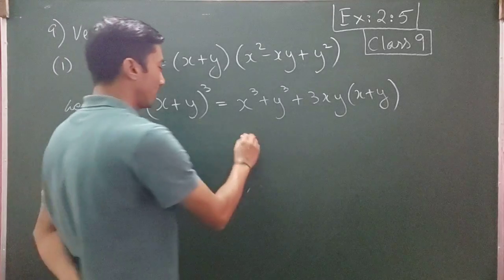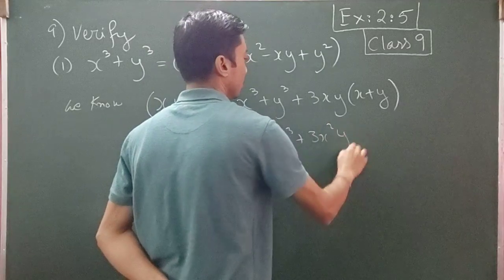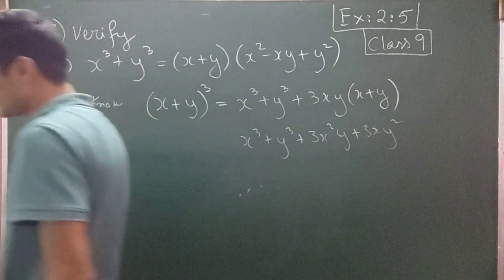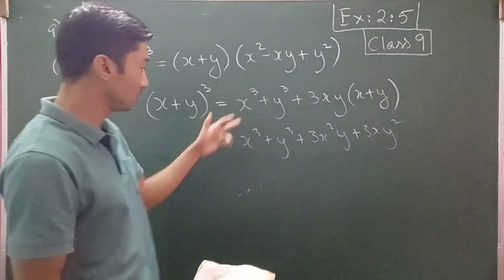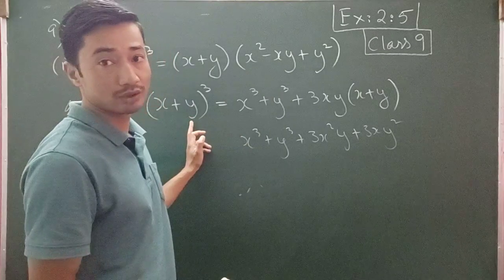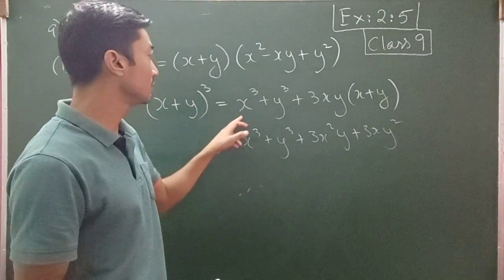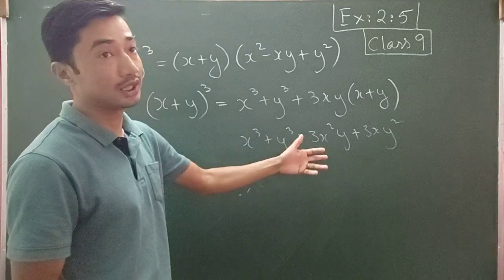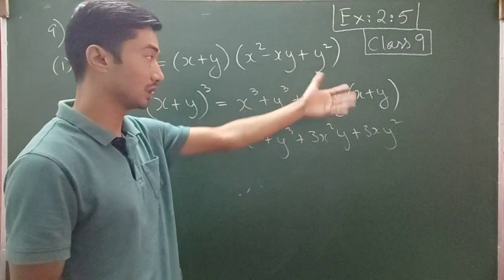Of course, so far we have been using x cube plus y cube plus 3x square y plus 3xy square. Definitely. But as I say, in the previous video, you can use any one of these two identities for x plus y whole cube, depending on the question. So here, this will be more helpful. You try, you will definitely get the proof, but this will be much easier to approach that particular proof.